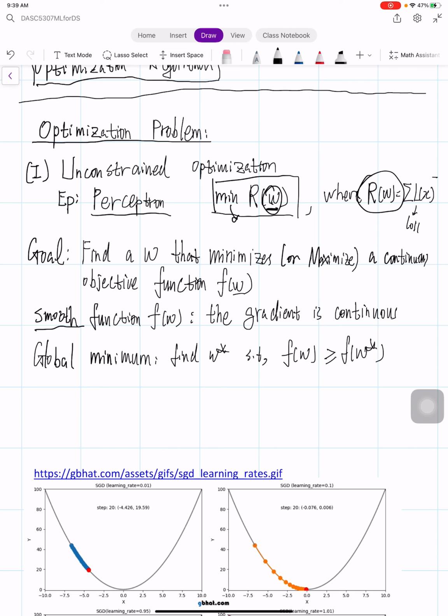This is our solution for all W. And the other is the local minimizer, the local minimum.